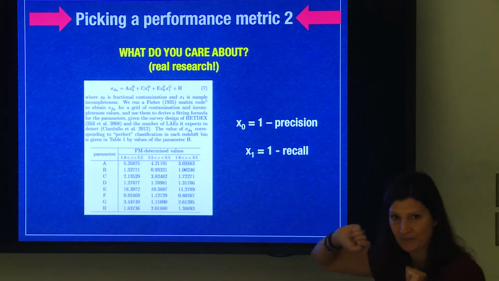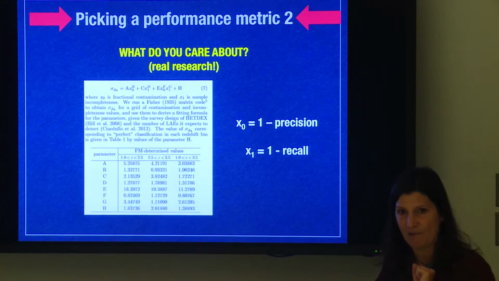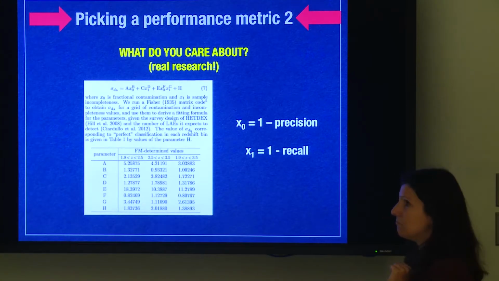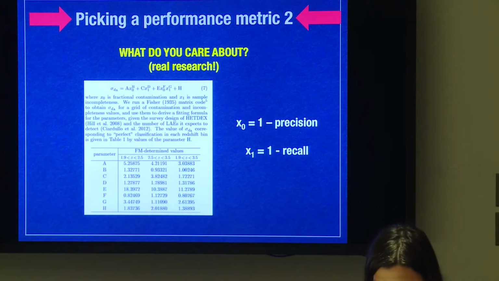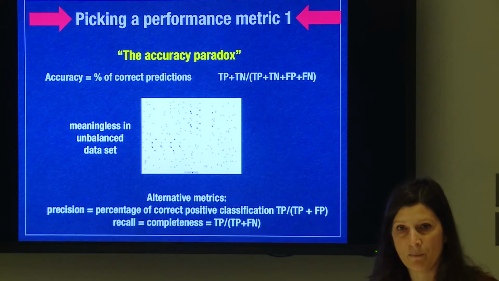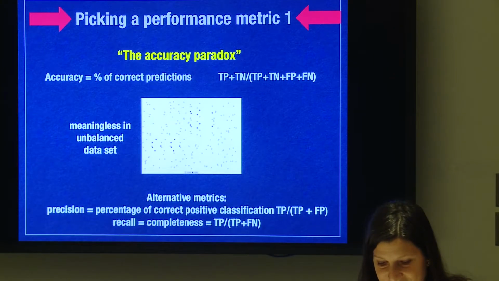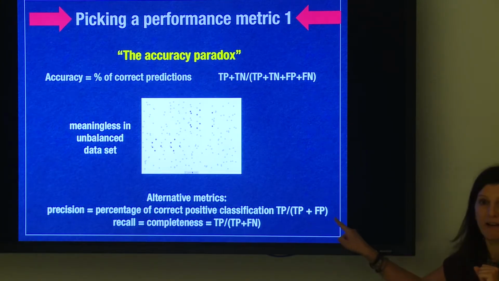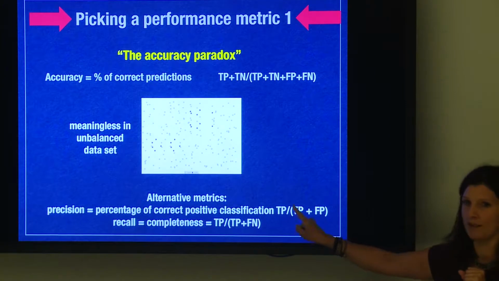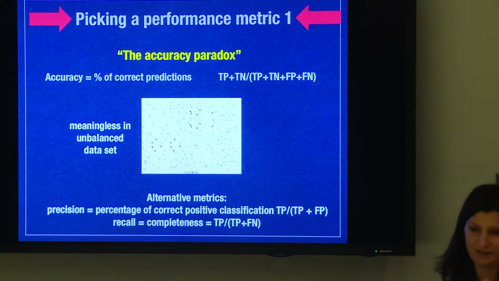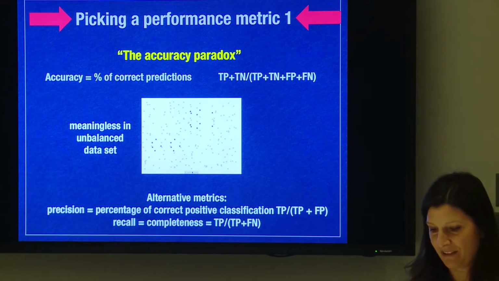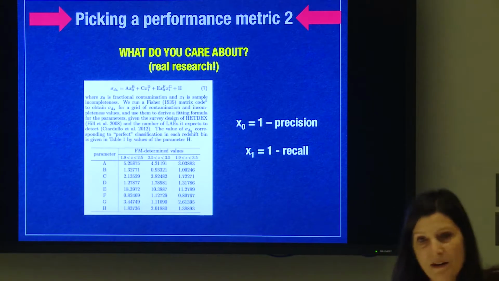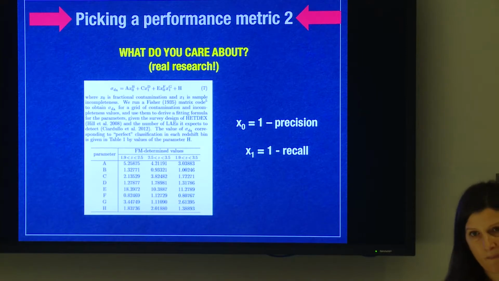varying these two things. Sorry, is precision what I'm used to hearing of as purity? Is that the same thing? What is the 1 minus? Contamination. So yeah, contamination is 1 minus purity. Everything that has been classified as positive, and these are the ones that were really positive. So that is purity. Okay, yeah. And for me, it's basically 1 minus contamination. So it makes sense. How many of the positives are for real?